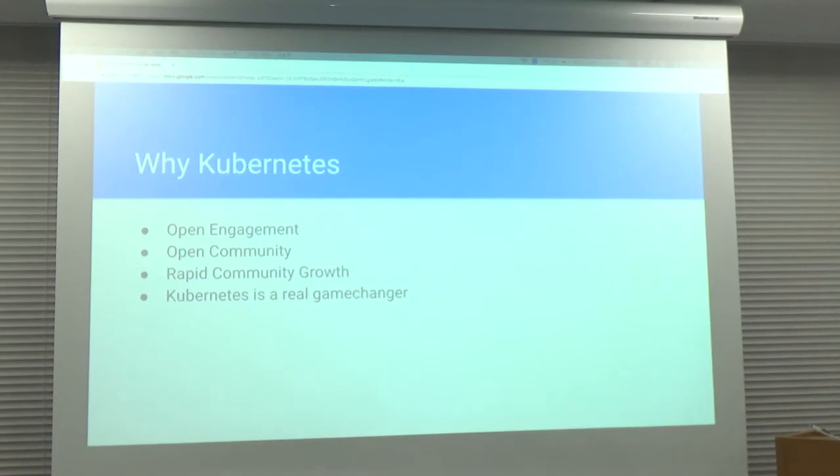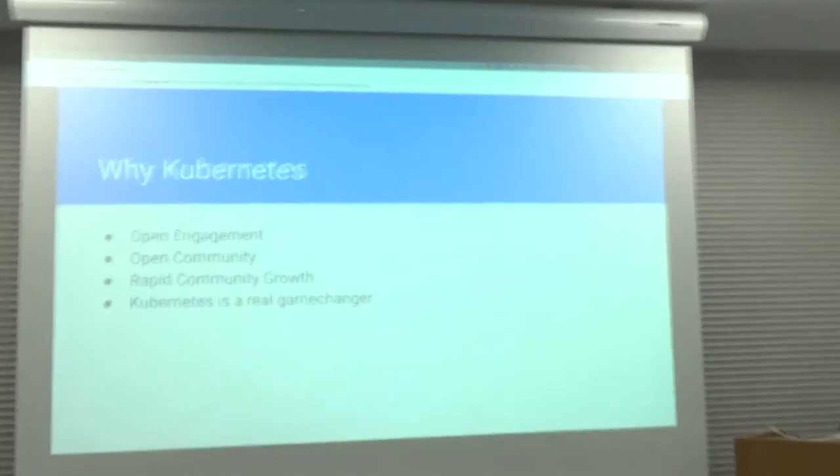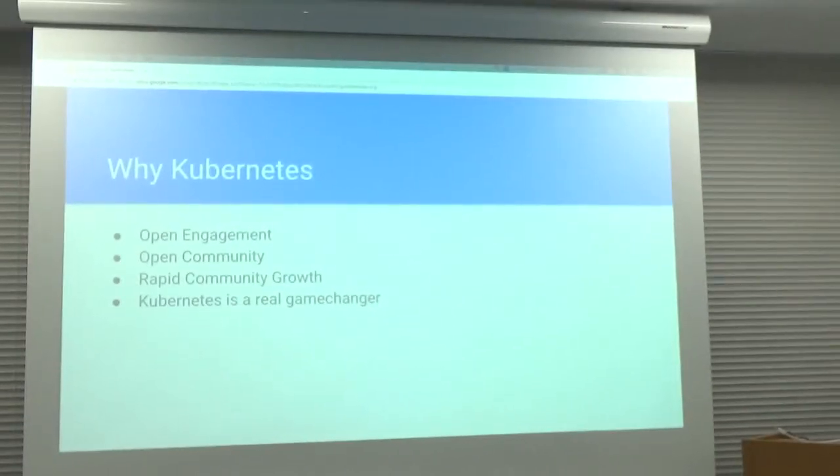And next, I would like to move on to why Kubernetes. Why does everybody talk about Kubernetes? I think one of the secrets is the open community. So I would like to focus on their community openness and rapid growth today.